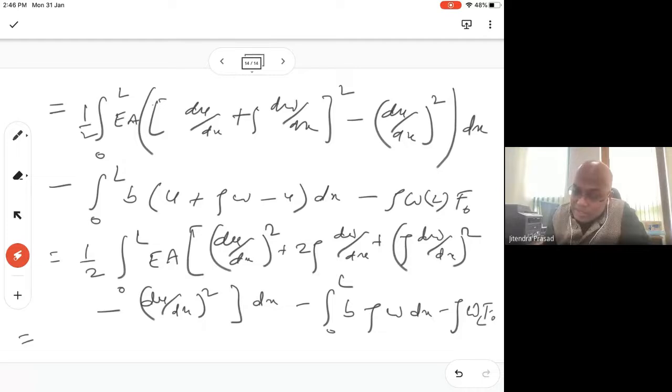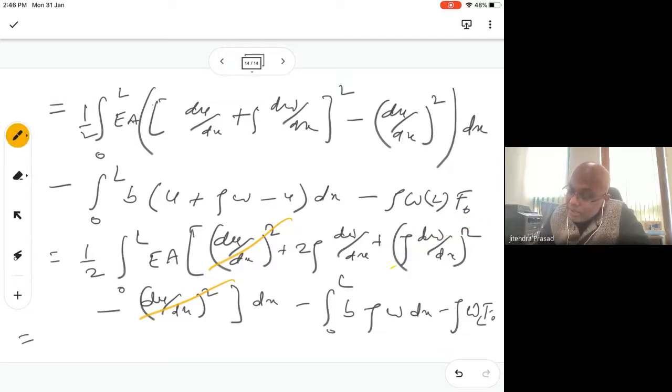Now look at here. The du over dx squared term we cancel out, this and this. And this other term is very, very small, because zeta is very small; zeta squared multiplied by this is very, very small. This is how they do the analysis, that del u is our choice, a very, very small perturbation.